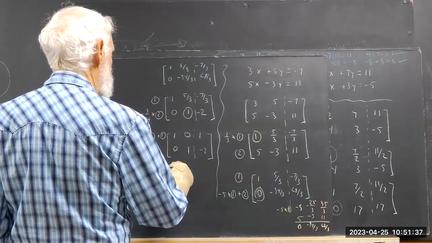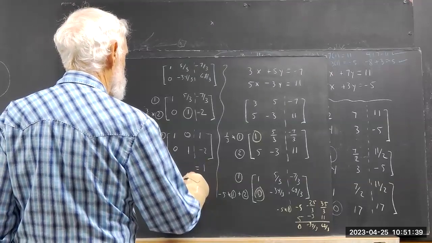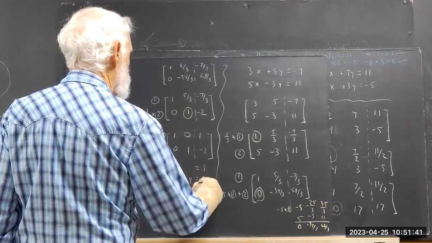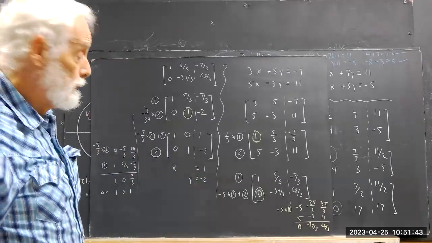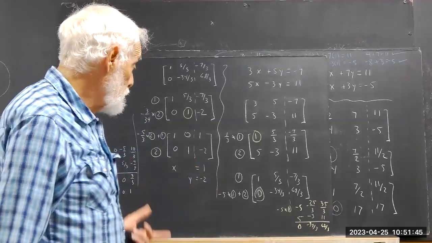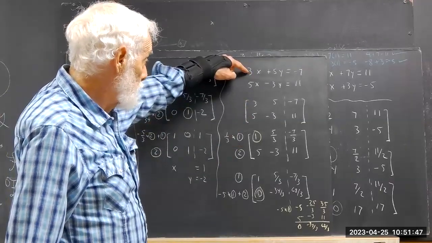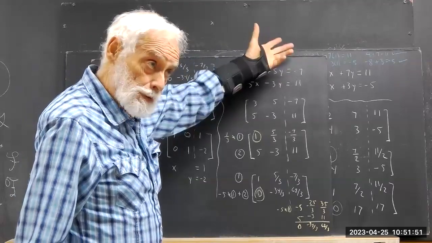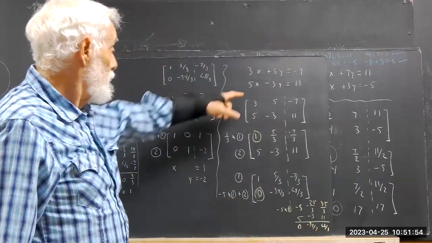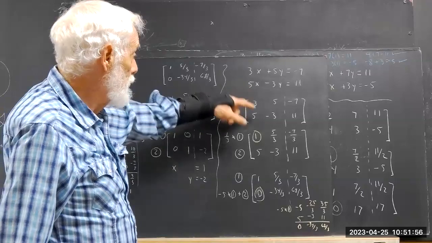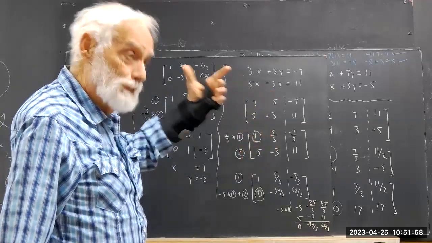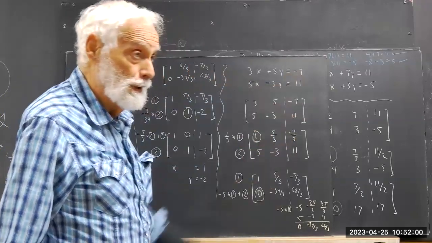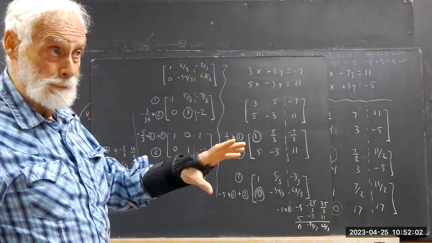This is 1, y is -2. Then we plug those numbers in. X is 1, we get 3. Y is -2, we get -10. 3 and -10 come out right. X is 1, 5x is 5. -3x is 6. 5 and 6 is 11. Write that out, and you should see it checks.